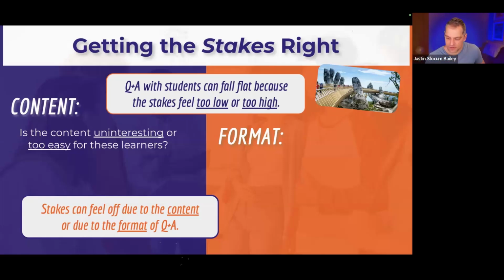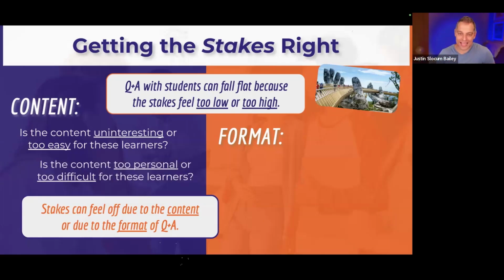The flip side is if the stakes feel too high and students don't want to participate because maybe the question's actually more personal than we realized, or we're asking way too many levels beyond of a student. And I don't want to give a ton of different examples here because this is something that you all can gauge based on your situations.